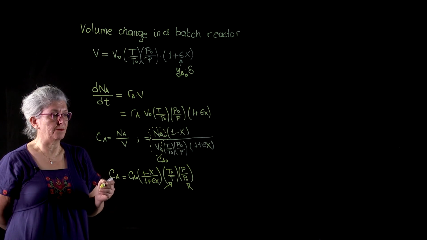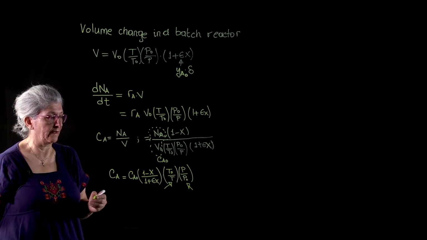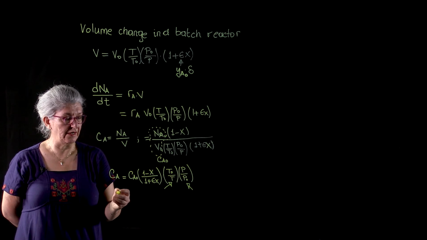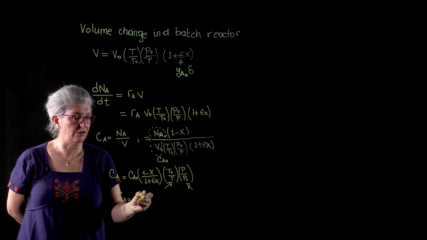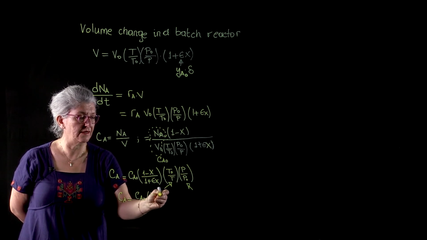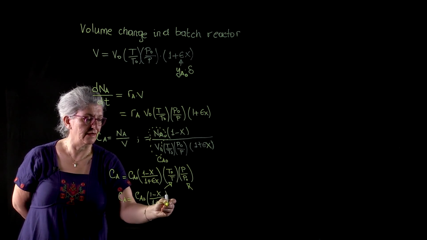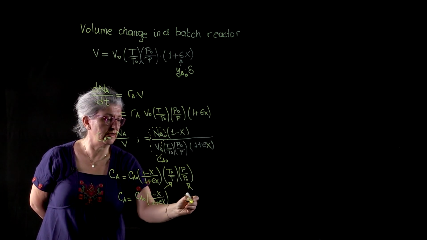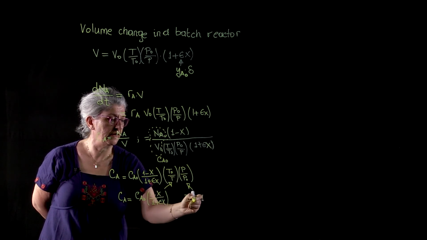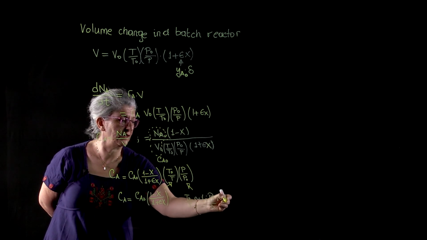All right, now for an isothermal reactor where pressure does not change significantly, we can simplify this expression into Ca is equal to Ca0 times 1 minus x divided by 1 plus epsilon x, for the conditions T0 over T is approximately 1 and P0 over P is approximately 1.